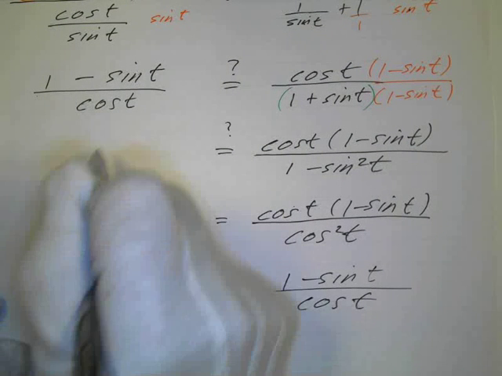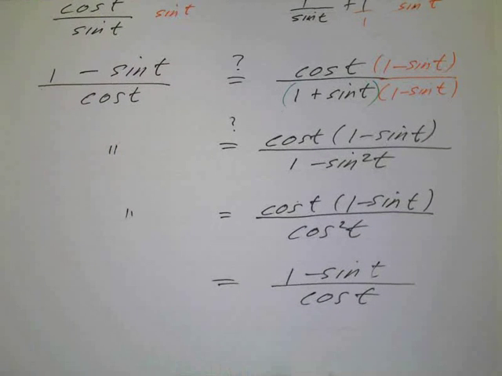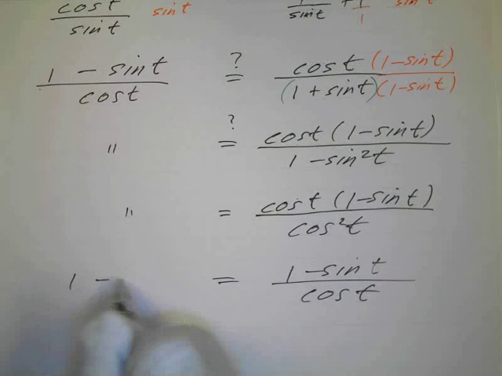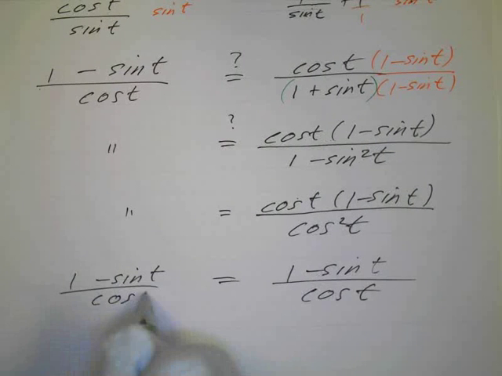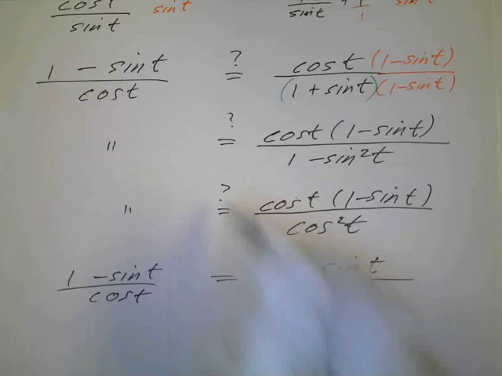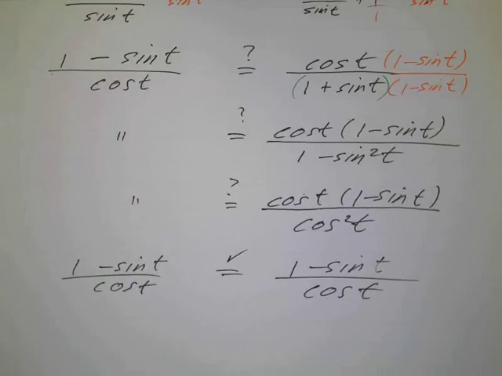And this is over on the left, you see. So this is 1 minus the sine of t over the cosine of t. Question mark, and we got a big check there. That's checked off because that's exactly the same. So by using those identities, that really helped. That saved a little bit of time and effort.